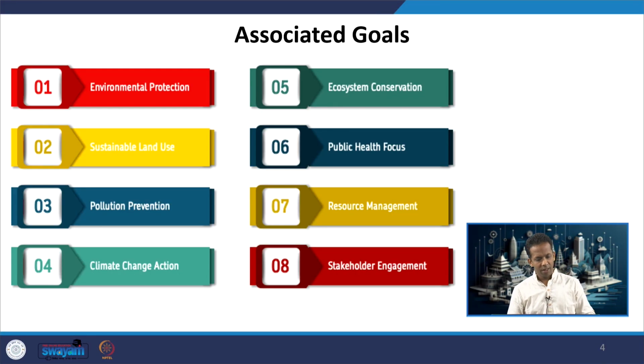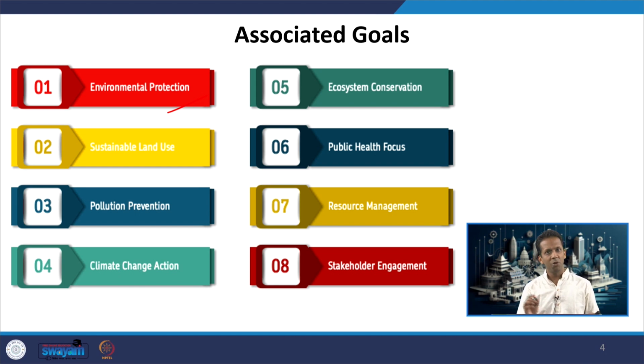Let us look at the associated goals, like why would any company or organization want to go for environmental planning or sustainability. There are different goals, different intentions, and the most common ones are written here. One is environmental protection. They genuinely care for the environment and they care about the laws and regulations which prohibit them from damaging or destroying the environment.